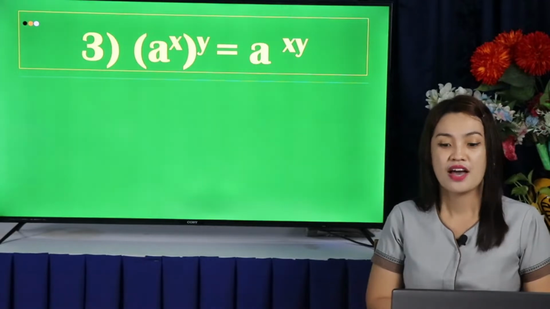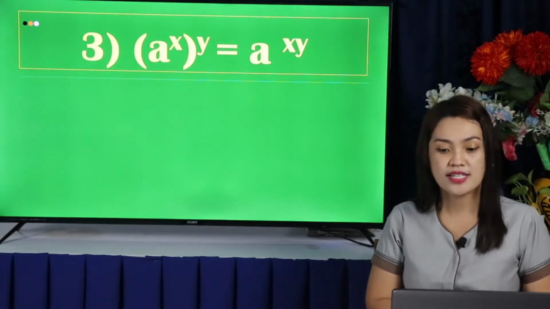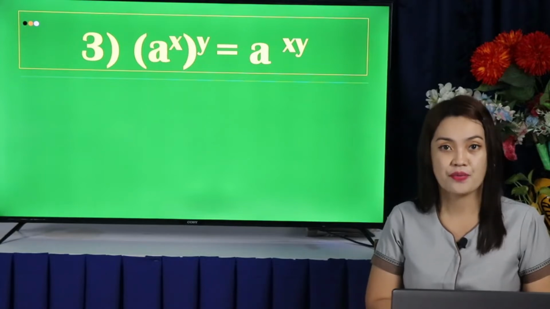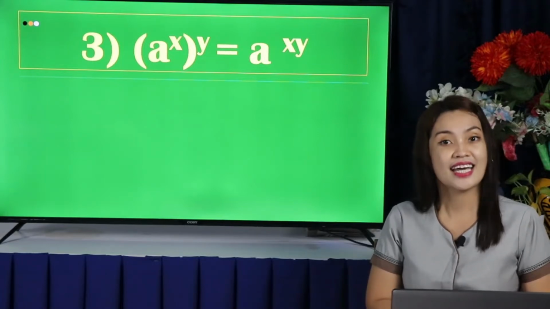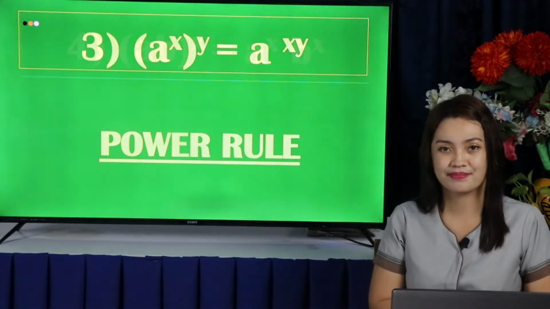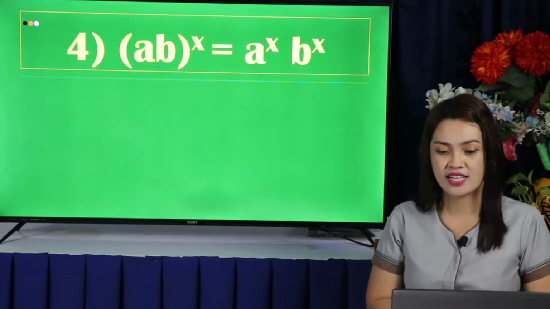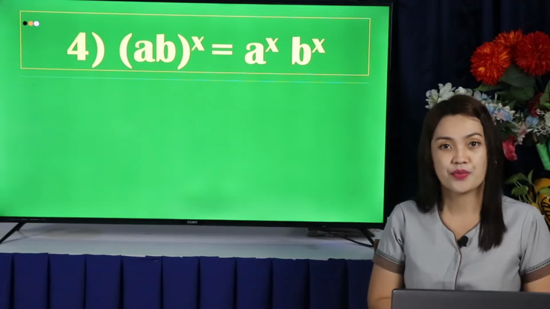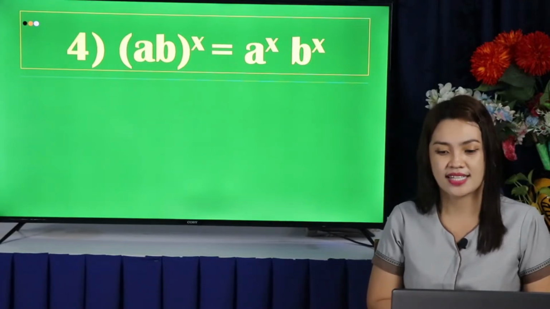Number 3. The quantity a raised to x, raised to y, equals a raised to xy. Is it a power rule? It is a power rule. Number 4. The quantity ab raised to the power of x equals a raised to x, b raised to x.